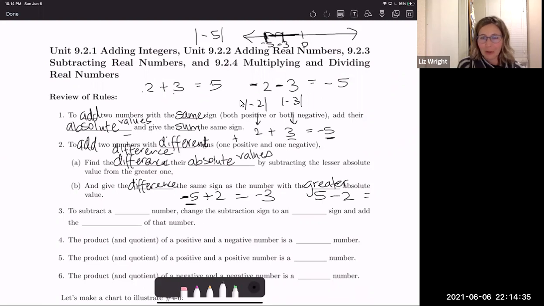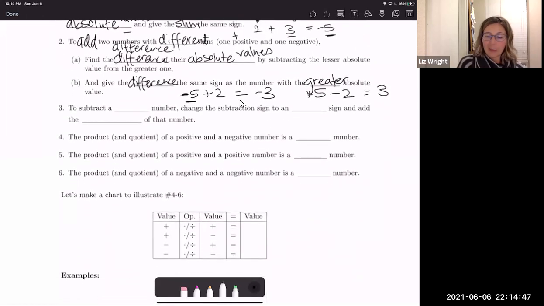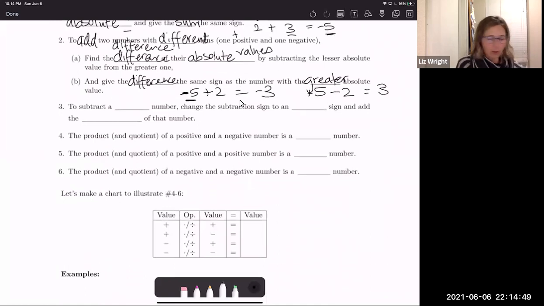The absolute value of -2 is 2. The larger absolute value is 5. It's positive, so my answer will also be positive. 5 minus 2 is 3. So that's what these rules are talking about. I'm hoping most of this is somewhat familiar to you, and hopefully it's making sense. All right, number 3. It says to subtract a negative number.